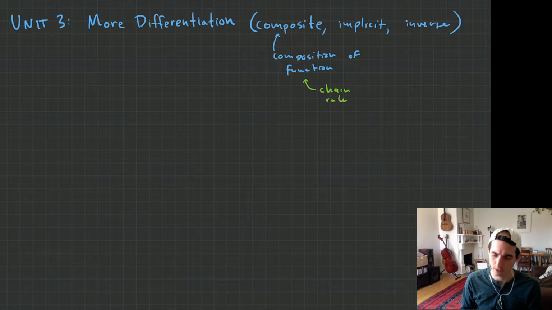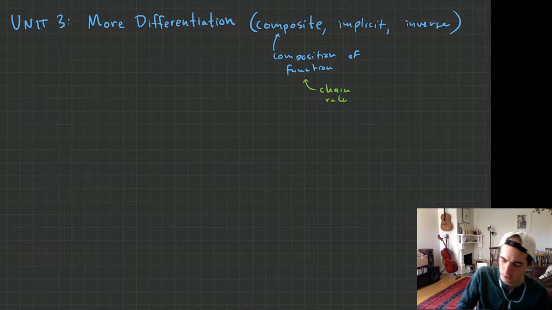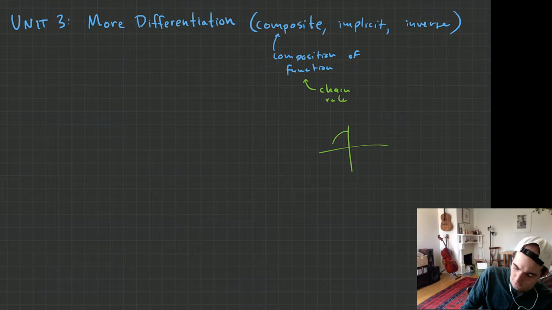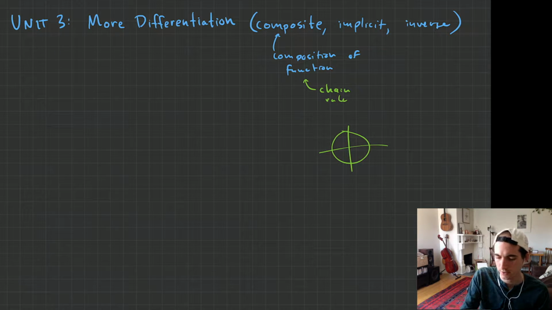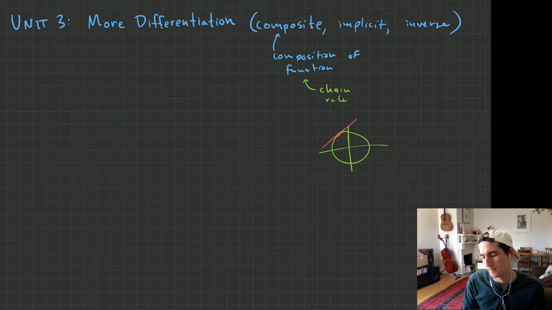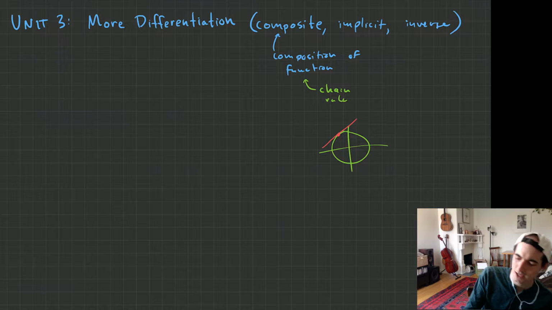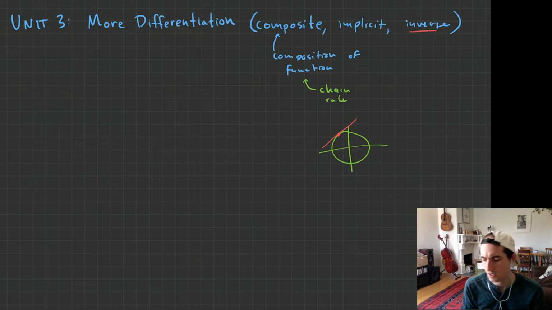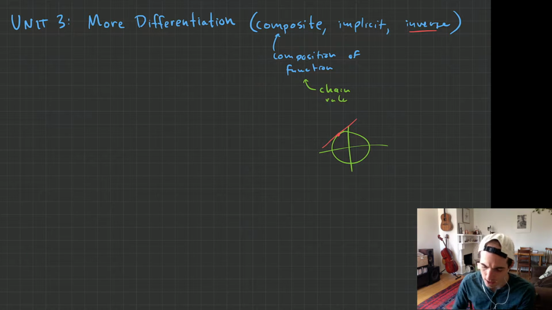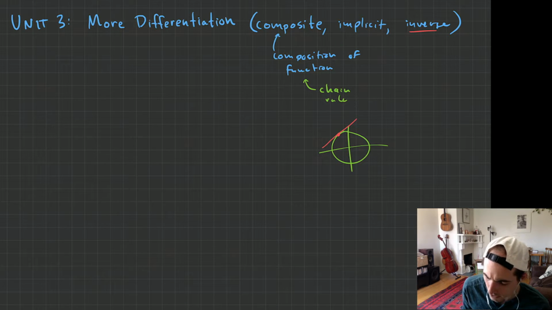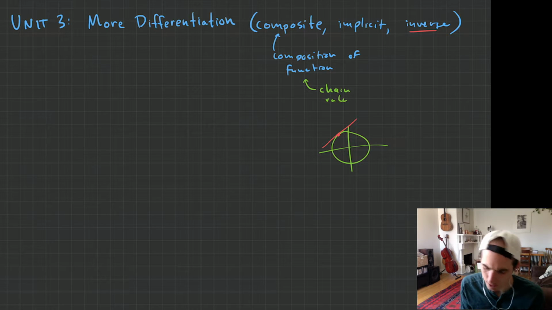So you could take the derivative of the unit circle, for example, because you can still imagine the slope of a tangent line on the unit circle. And then we have inverse differentiation, and this one is interesting. It's a topic that I didn't spend too much time on in university, so I've spent the past day revisiting it and going, okay, yeah, that makes sense.